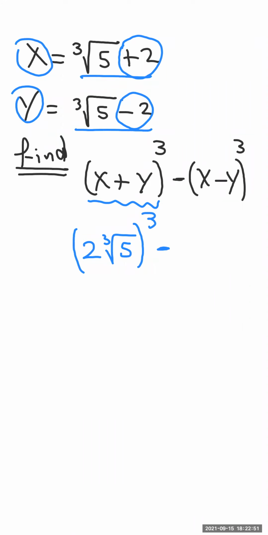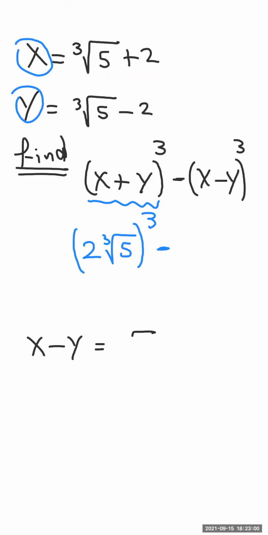Let me show you the next one, which is x minus y to the power 3. So x minus y here equals cubic root of 5 plus 2 minus cubic root of 5 minus 2.